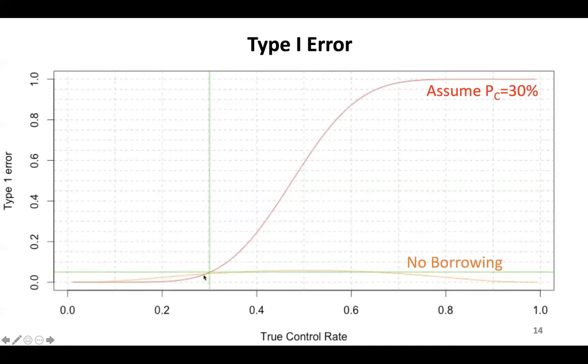The orange line here is if we were to run a new trial and do 10 to 10 randomization. Our type 1 error is controlled over this range and has a very similar type 1 error if in fact 30% is right. The negative of that is that we've thrown away a great deal of information on the control, that 30% rate.